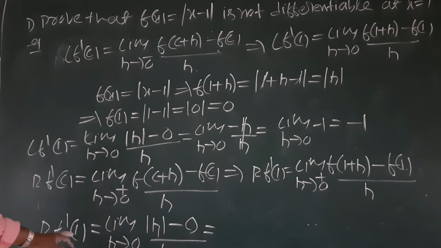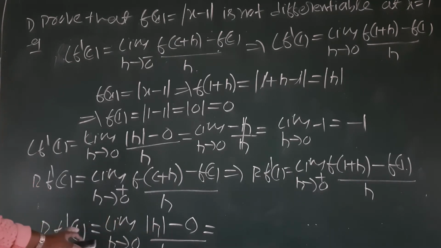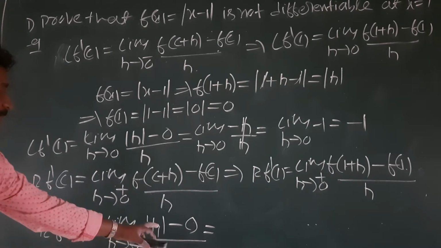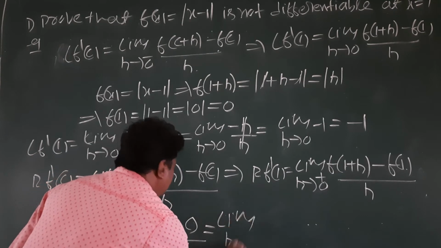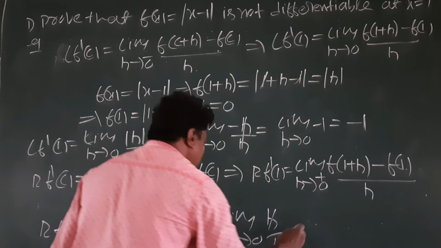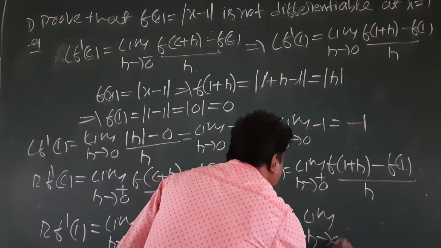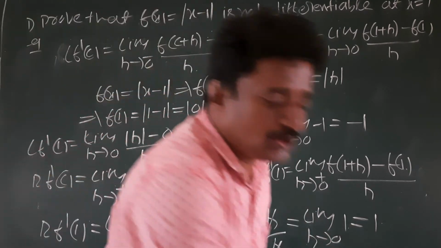Since it is the right hand derivative, students, mod h, right hand derivative means h is positive. If h becomes positive, mod h becomes h. Limit h tends to 0, h by h. So write limit h tends to 0, 1. It is 1.